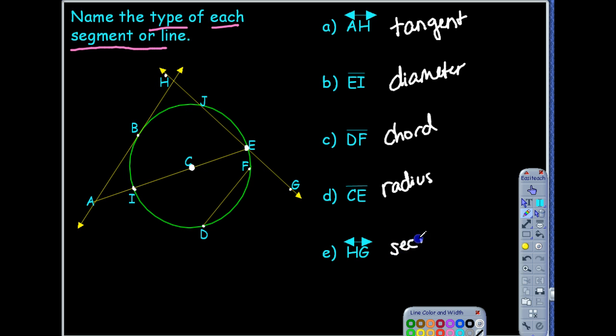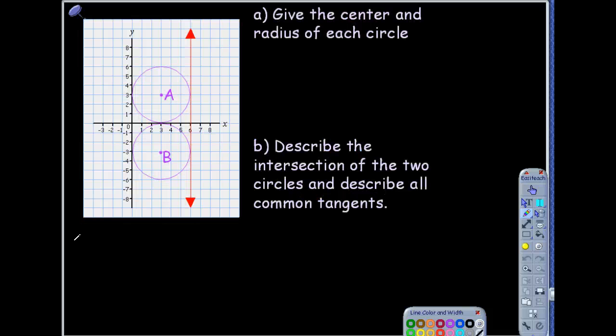Notice you can't consider this a chord because it's not a segment. A secant goes through the circle at 2 points. But what would be the chord of line HG? Segment JE, which is not even extended out.